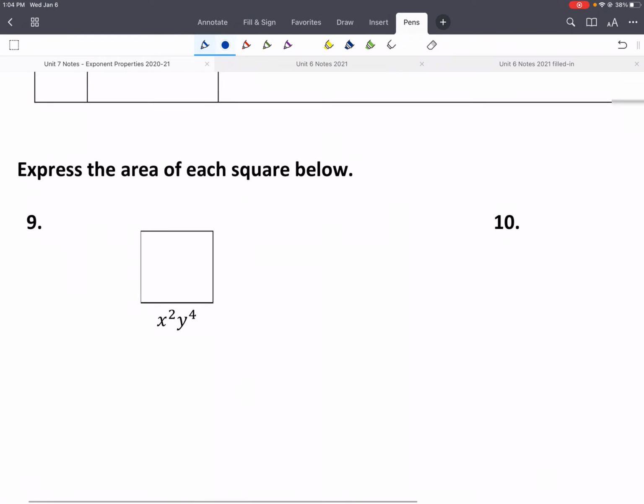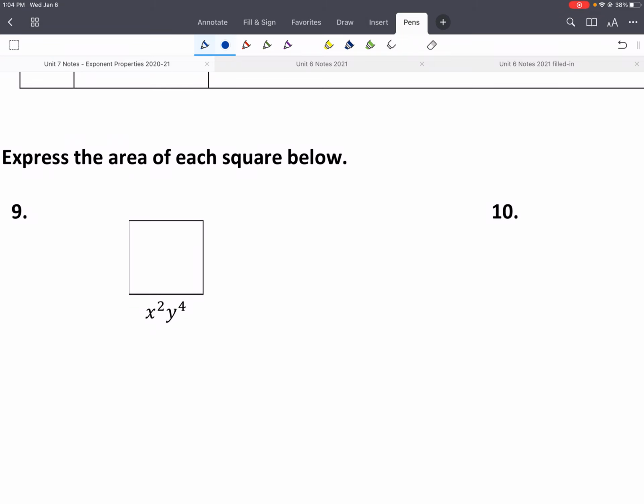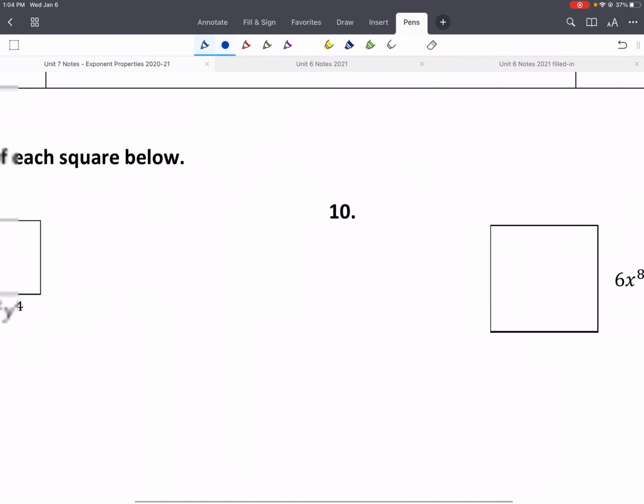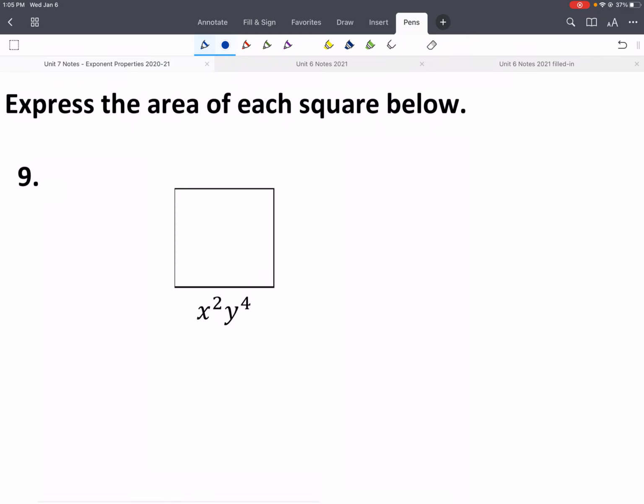All right, last but not least, we want to express the area of each square below. Looks like they're both there, okay? So these are squares. That means that all the sides are the same. So the length is the same as the width, okay? So another way you could do this is the area of a square is length squared.